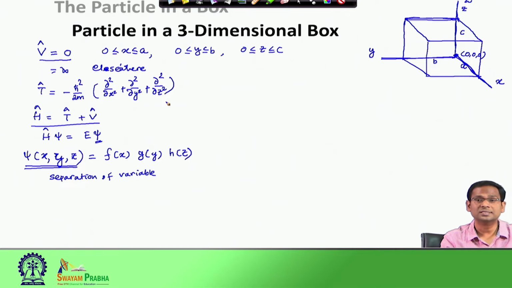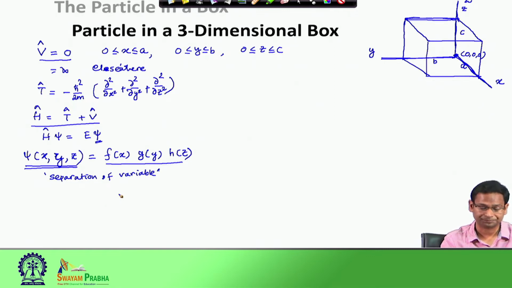So, since there are no cross terms, we can assume that the wave function can be expressed in terms of three functions, one which will consider the x direction alone, another which will take care of the y dimension, and the third which will take care of the z direction. This separation of variables is an approximation we are assuming, and then we would show that by making this assumption we do not run into any trouble, and we perfectly satisfy all the boundary conditions of this problem.